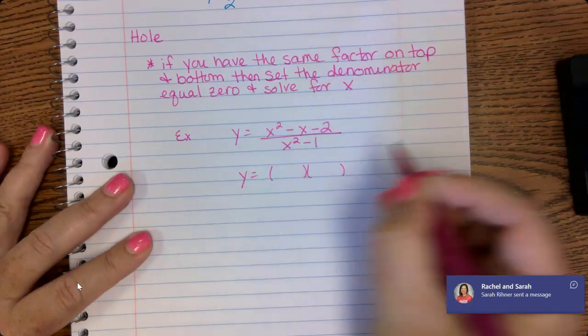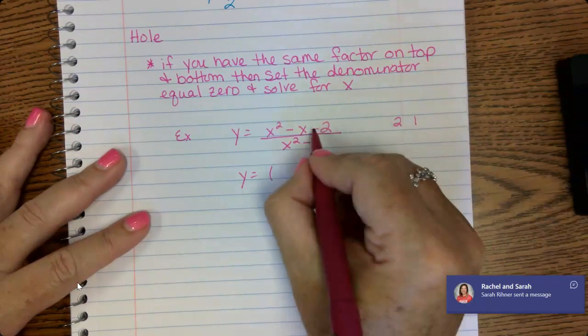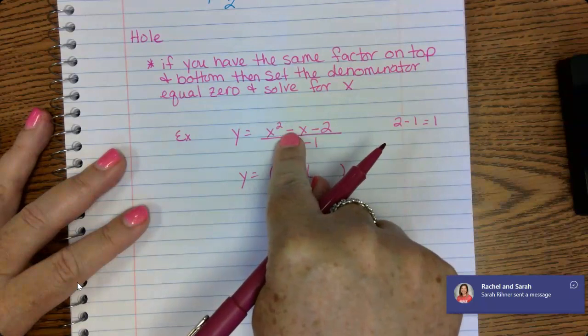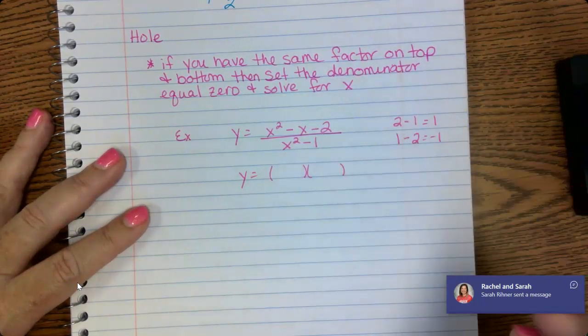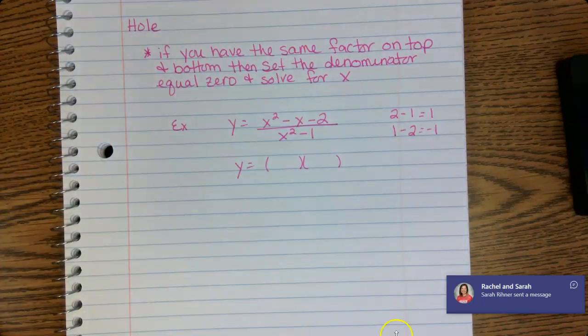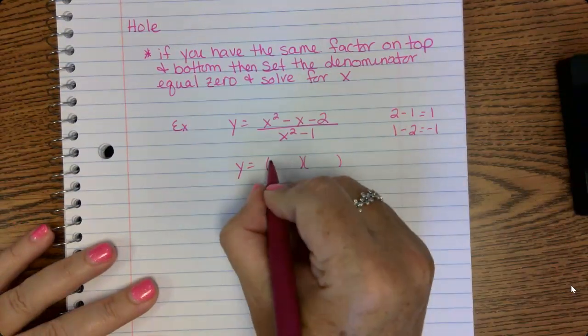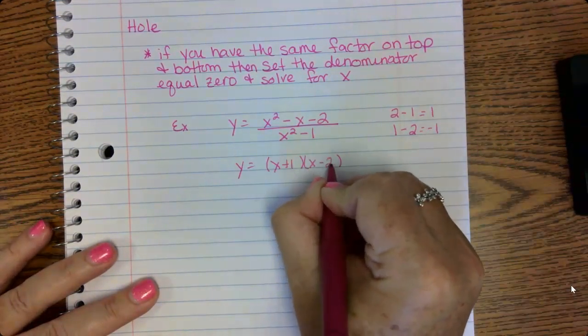There's only one pair that gives us 2, which is 2 and 1. If I subtract it here, I get a 1. I need a -1, so we're going to flip this. So that'll be x plus 1 and x minus 2.